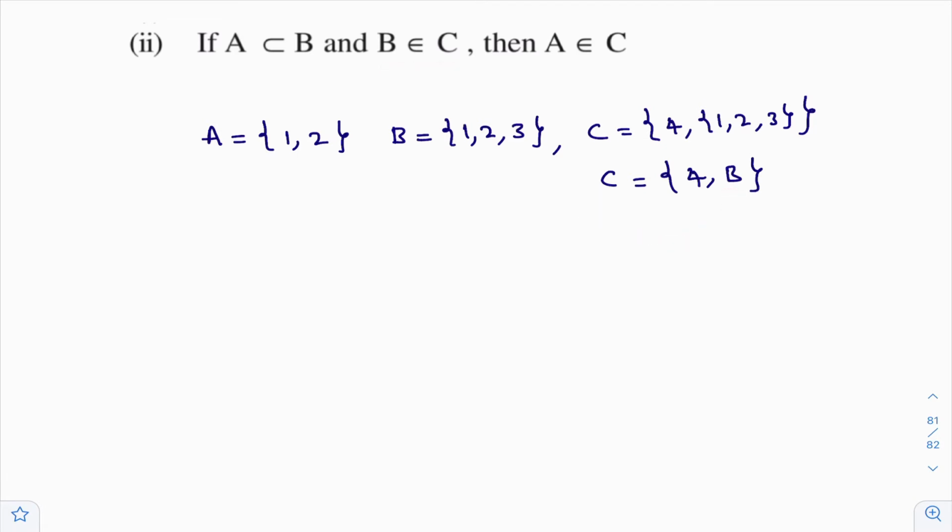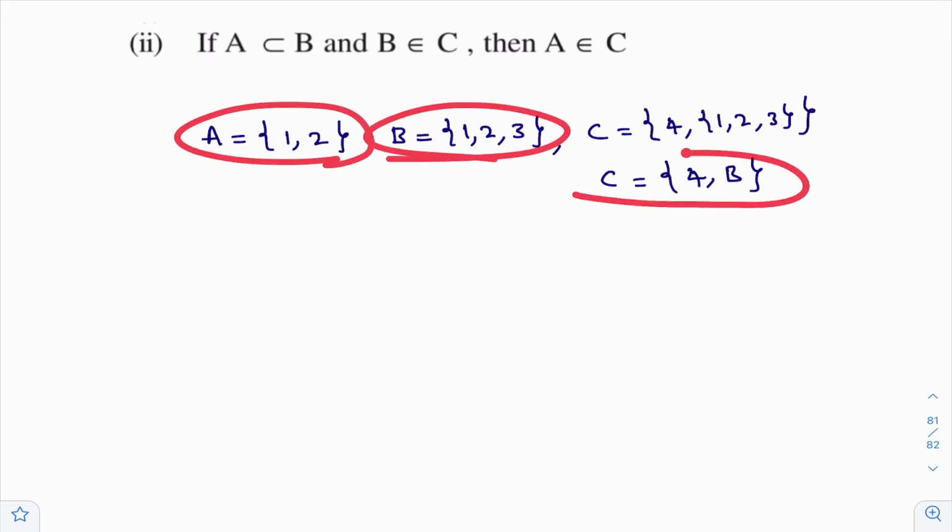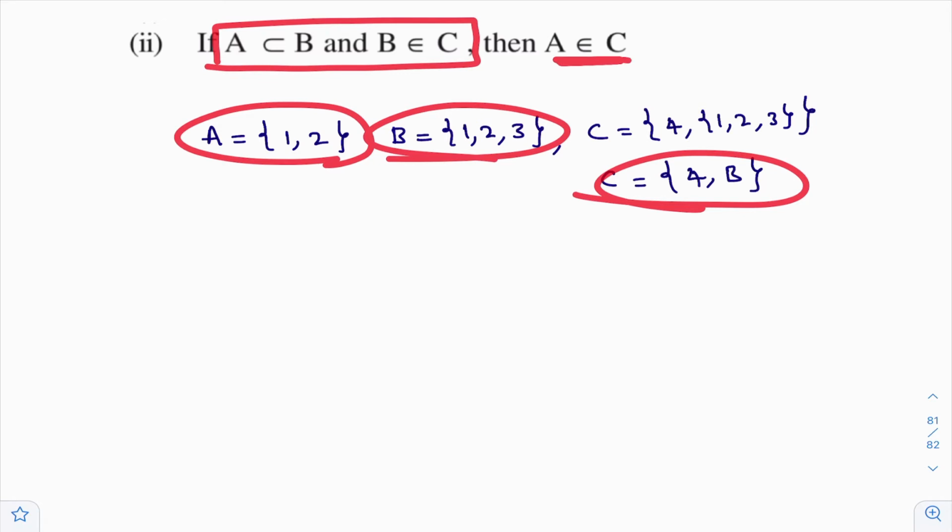A is a subset of B and B belongs to C. I considered 3 sets satisfying these two conditions. Now I need to check whether A belongs to C or not.